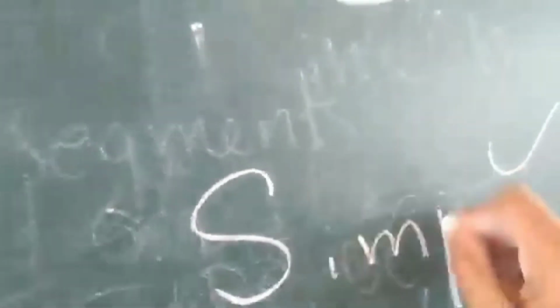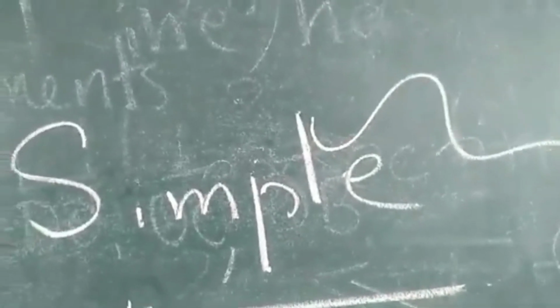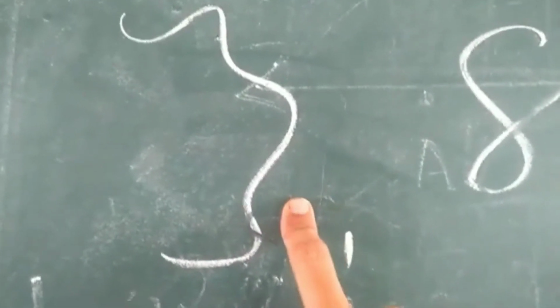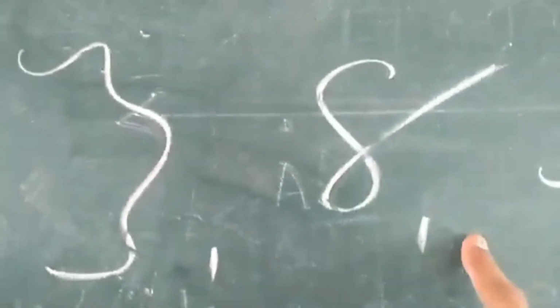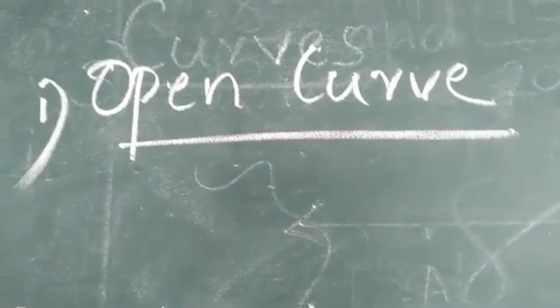What is the word? Simple curve. Here this one is a simple curve, but this one is not a simple curve. We understood the meaning of simple curve.